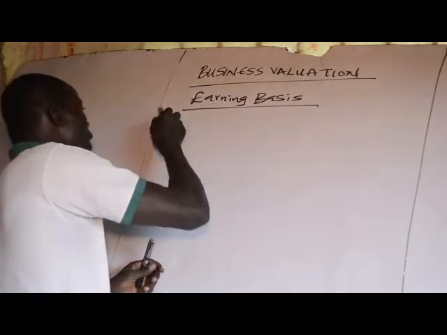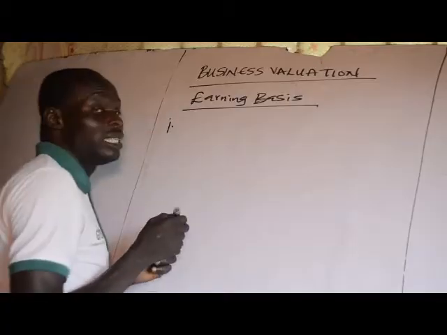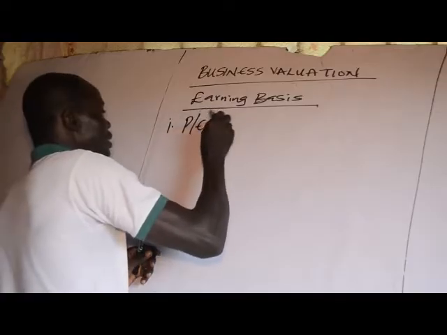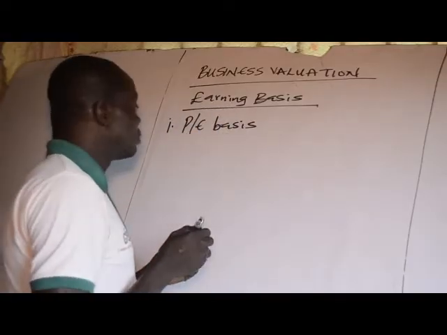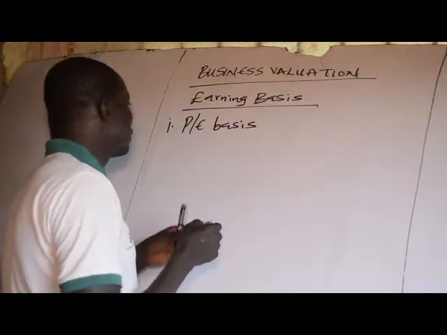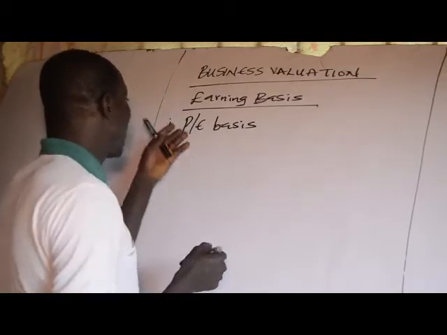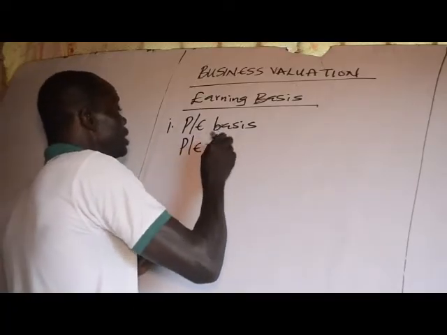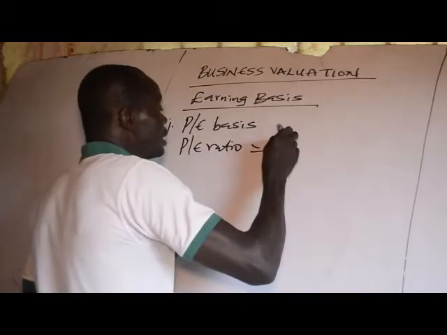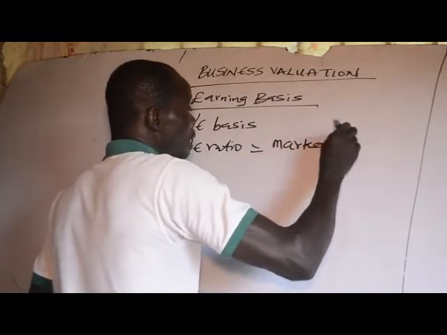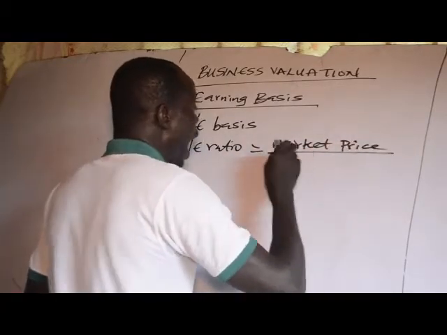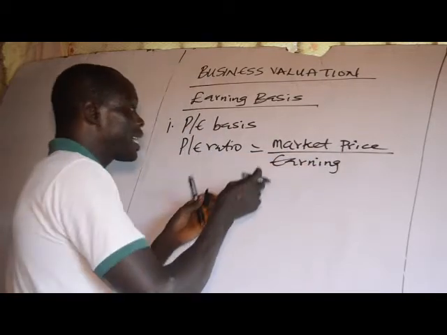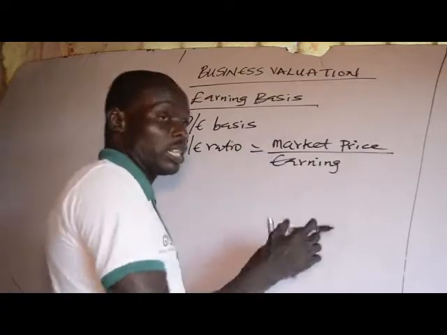So under this method, I want to examine the price earning basis. In my earlier presentation, I've examined the price earning ratio. I said it's the ratio of market price to earnings, or market price per share over earning per share.